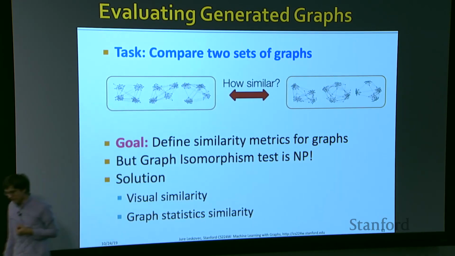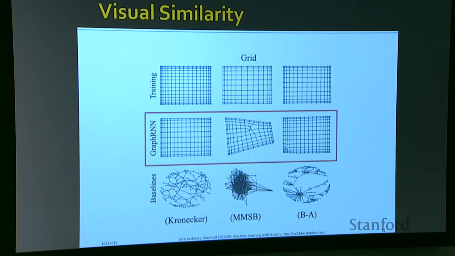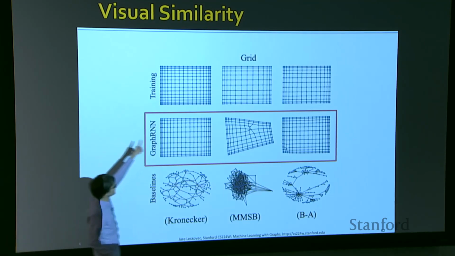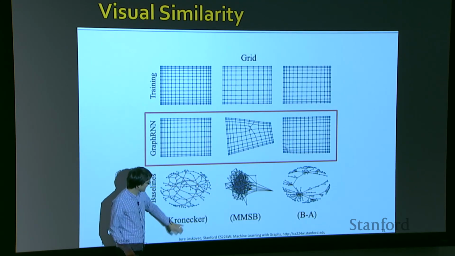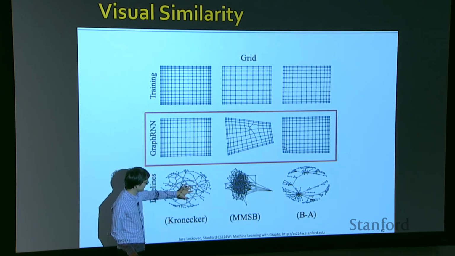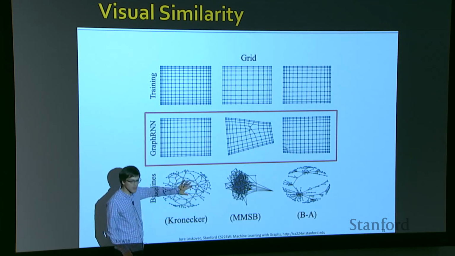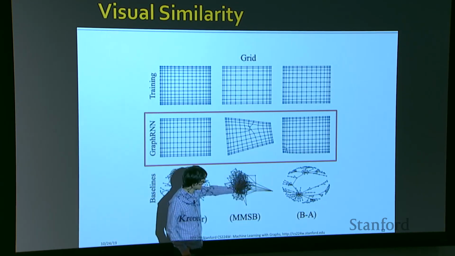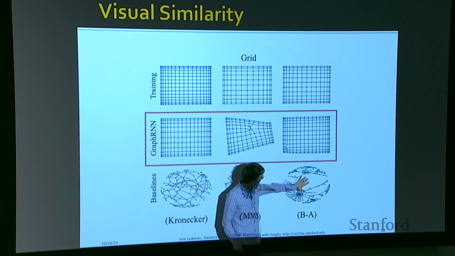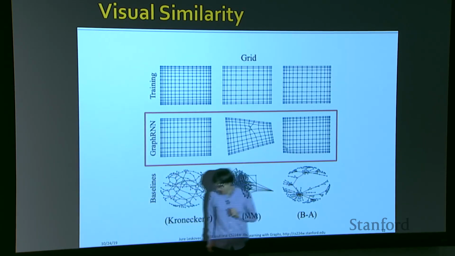What I will show you is only examples, where these are the training ones, and this is what the model generates. And here I show you 3 models. You already know what the Kronecker graph model is. You don't know what this one is yet, but it's some kind of stochastic model, and we will talk about Barabasi-Albert later.